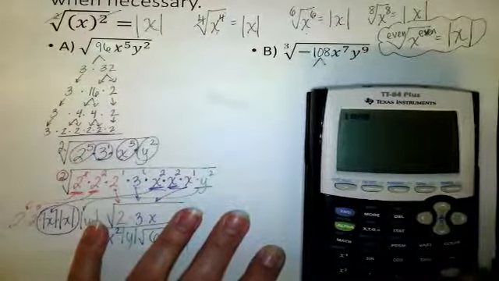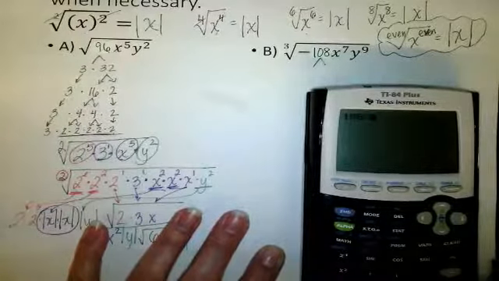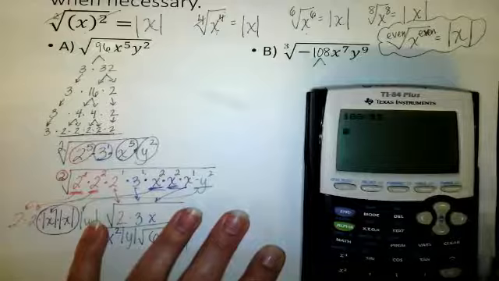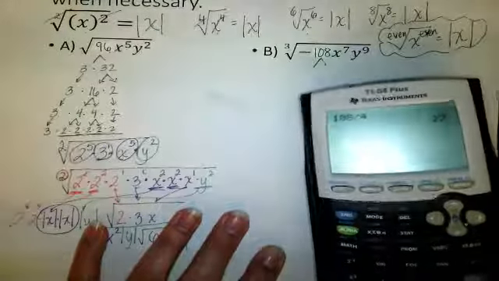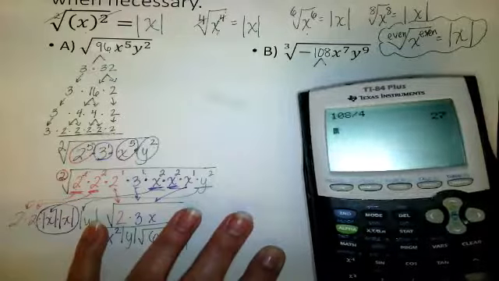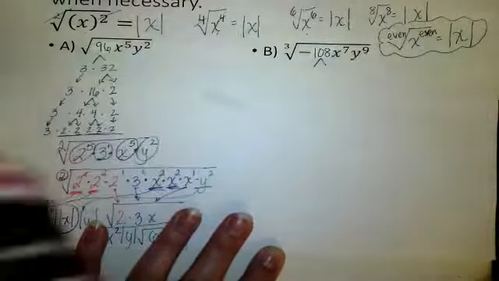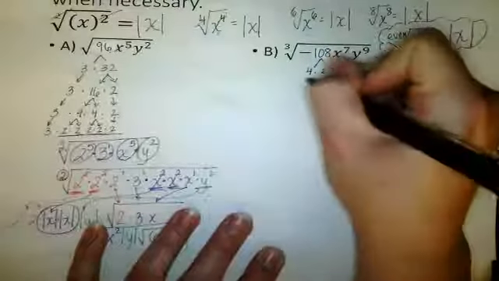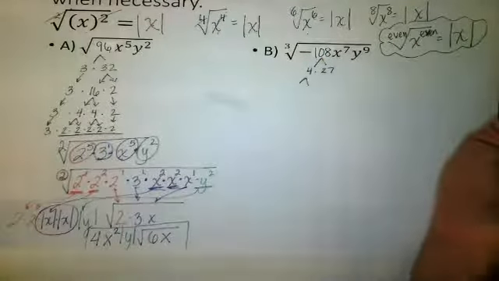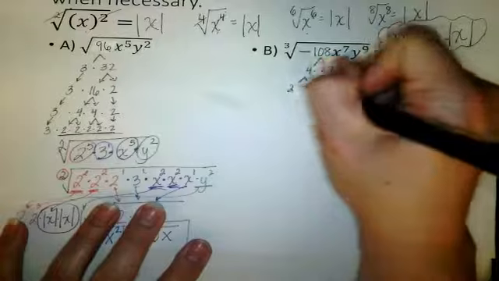Does it divide by 4? Oh, it does. It divides by 2, and it would divide again by 2. I'm going to use 4 times 27. And I know that 4 breaks apart into 2 times 2.